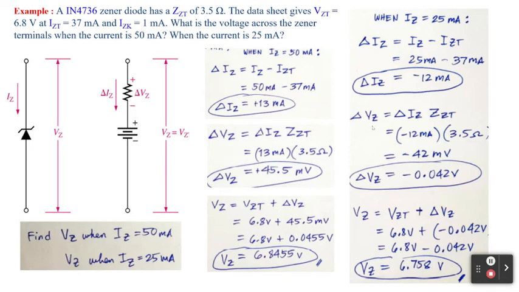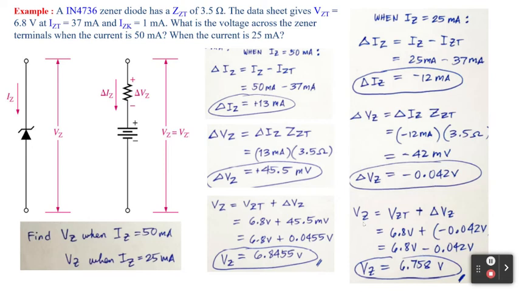In the case of delta VZ, delta IZ multiplied by ZZT, we will get negative 12 milliamperes multiplied by 3.5 ohms. Again, the minus 12 was taken from the change in IZ, and the ZZT was taken from the given value in the problem. So we will get a negative 42 millivolts delta VZ, or if you want to convert it to volt, that's equal to negative 0.042 volts.